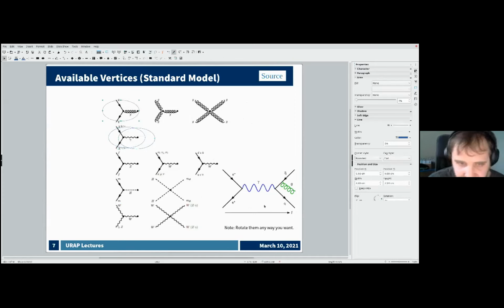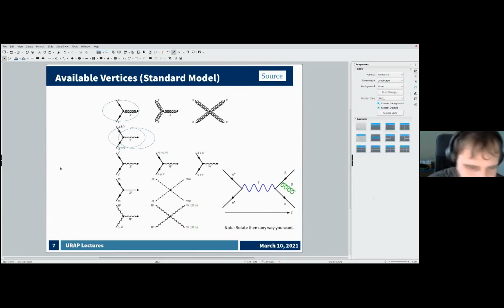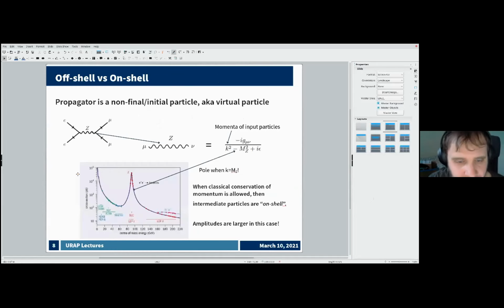So this diagram at the bottom here is just joining these three little building blocks together.